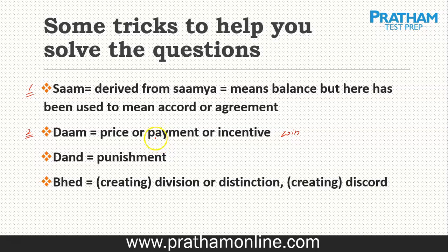Still, if I could not find out the solution to a problem, then only I'll have to move to the third pointer, which would be DAND. Even after so much cajoling and coaxing, if the person does not understand or we cannot find a solution, then we'll have to move to the third step, which is about punishing the elements.